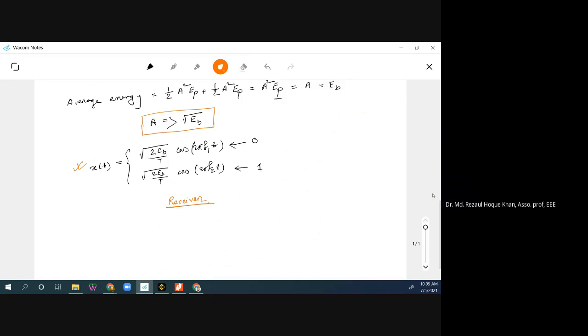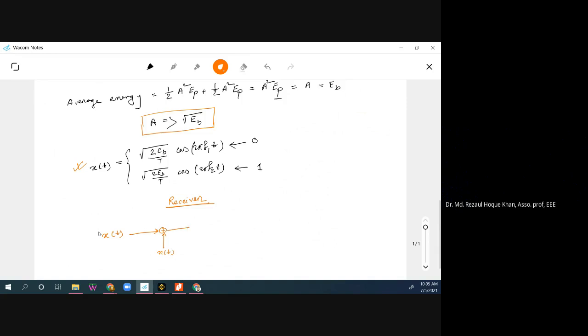So let me draw it again. Since the beginning of this lecture, we are actually drawing this as a digital communication receiver. Our signal was x(t). The signal got corrupted in the channel with a noise n(t).